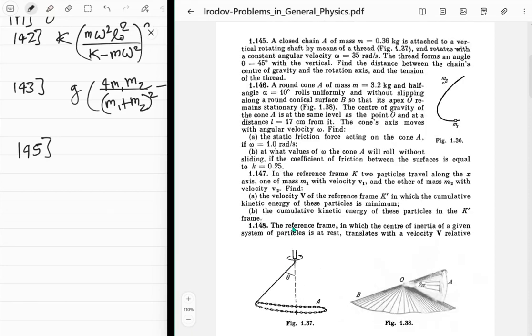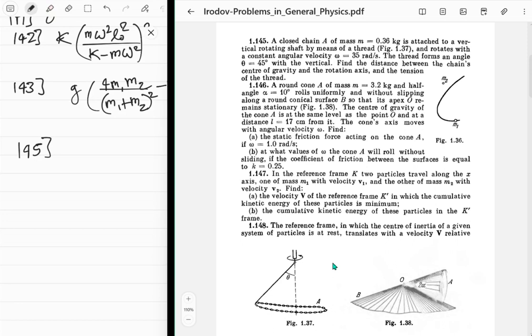So a small chain A of mass m is attached to a vertical rotating shaft by means of a thread and rotates with a constant angular velocity omega. The thread forms an angle theta equal to 45 degrees with the vertical. Find the distance between the chain's center of gravity and the rotation axis, and the tension of the thread.